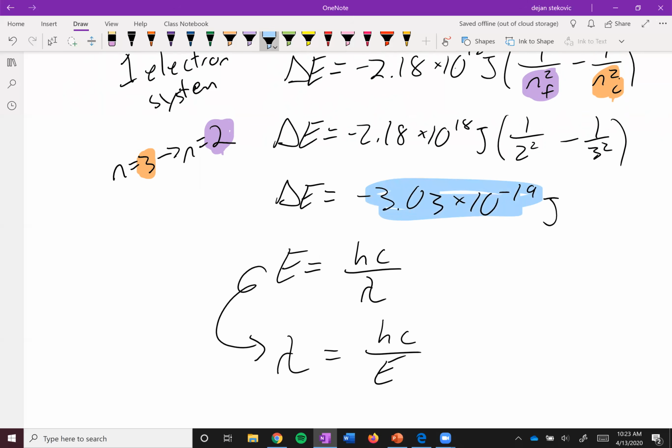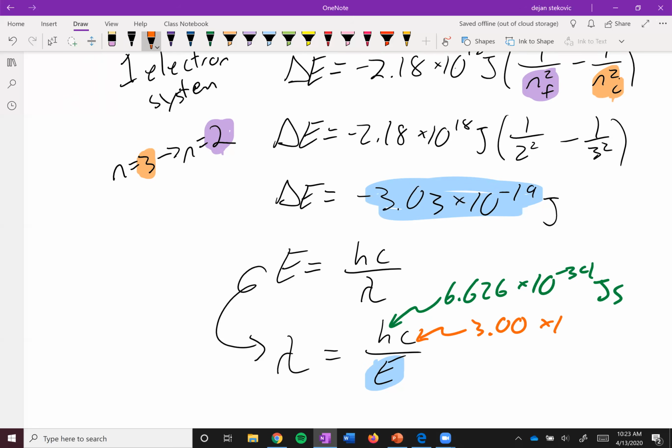We calculated our E. h is Planck's constant, so it's 6.626 times 10 to the negative 34 joule seconds. And then c is the speed of light, so it's 3.00 times 10 to the 8 meters per second.